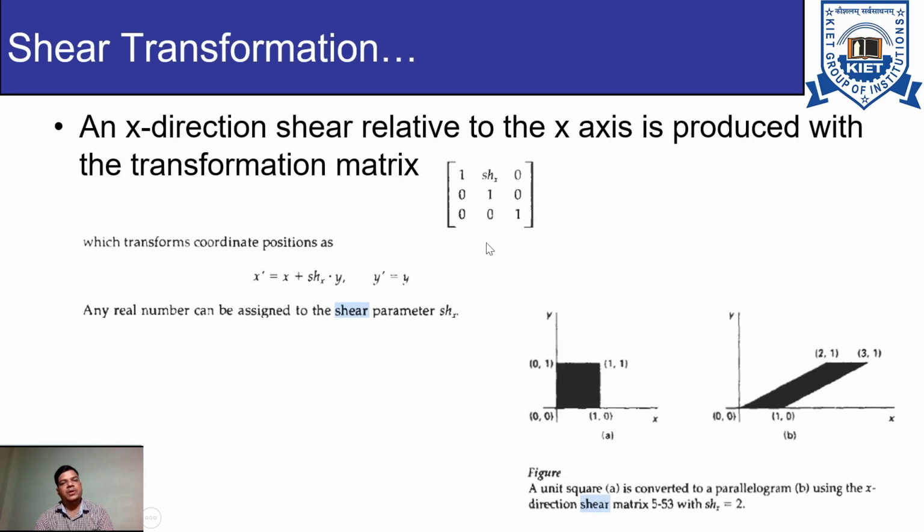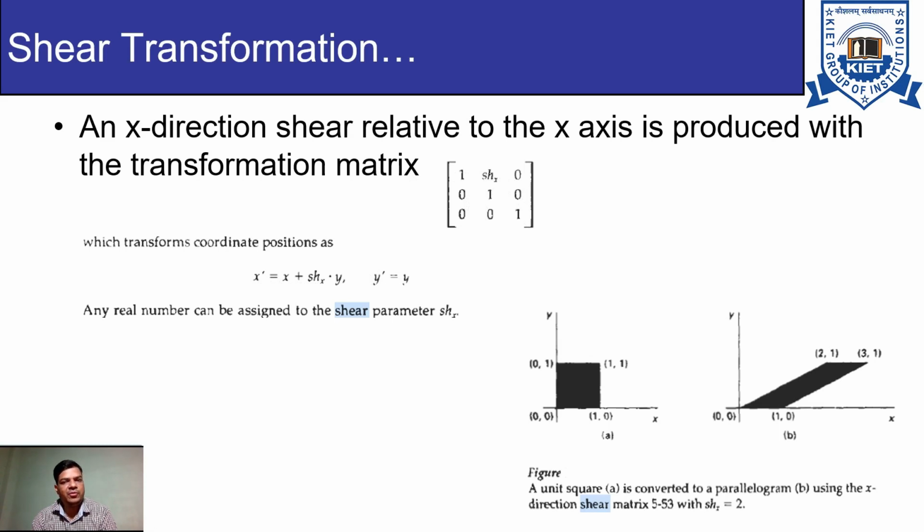So here is an example of x direction shear. An x direction shear relative to the x-axis is produced with the transformation matrix [1 shx 0; 0 1 0; 0 0 1]. Or we can write it in equation form as x' = x + shx * y and y' = y.